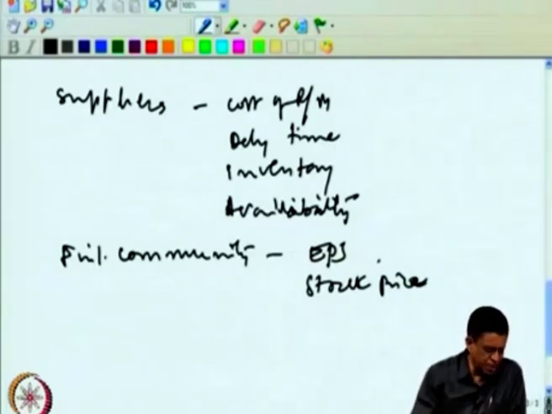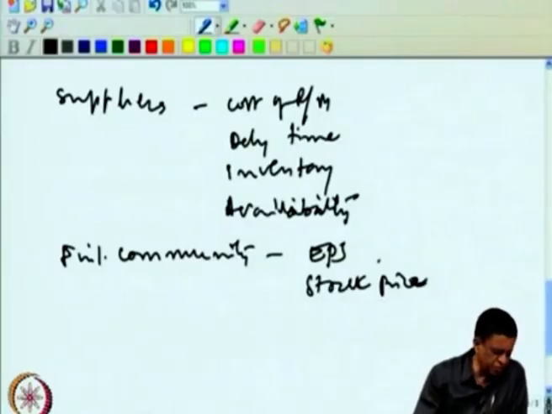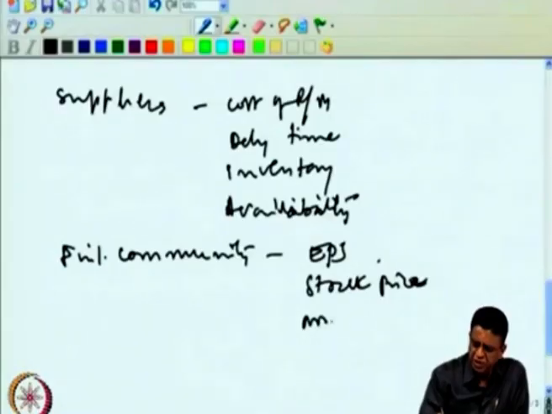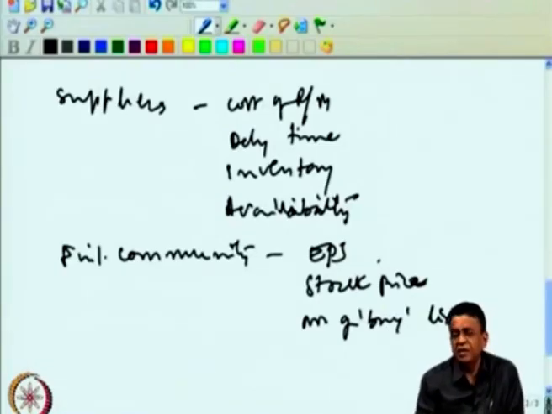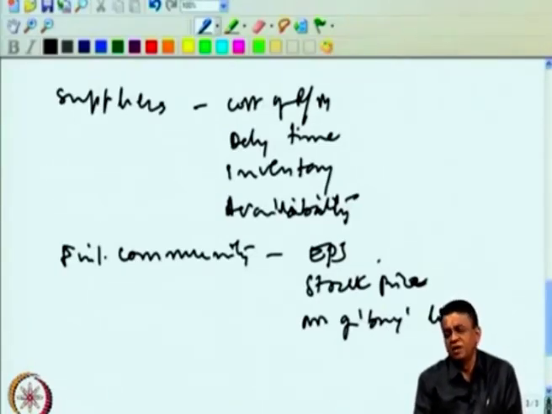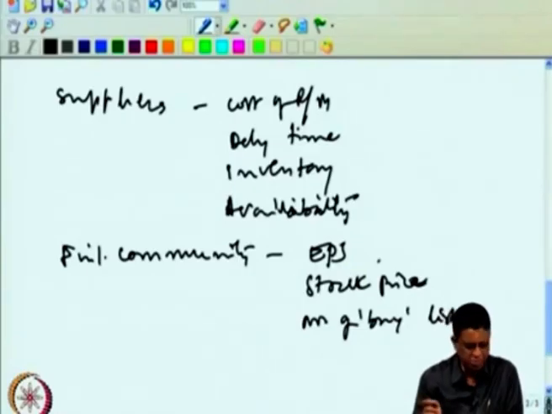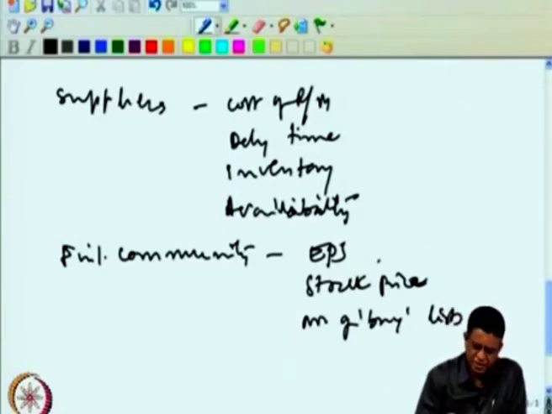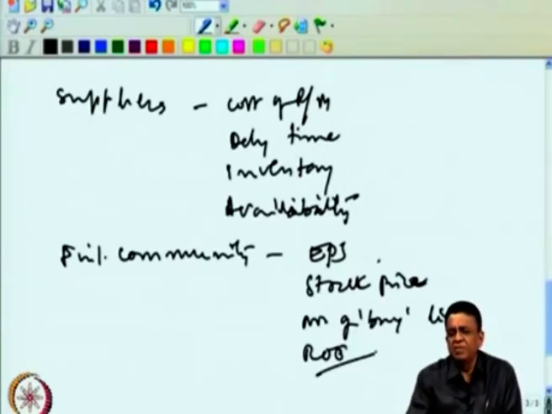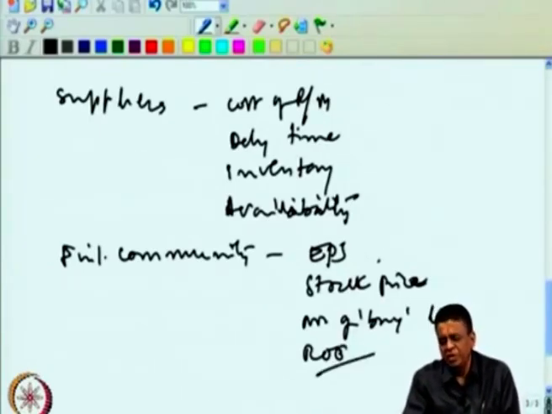Now, the other one is the number of buy lists, that is how many people are interested in buying the company's shares or the products. Then the return on equity, how much is your equity shares going to get in the marketplace.